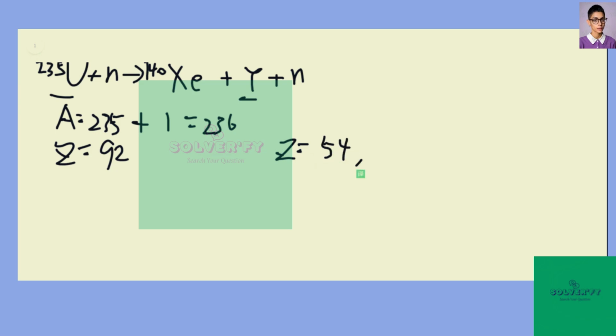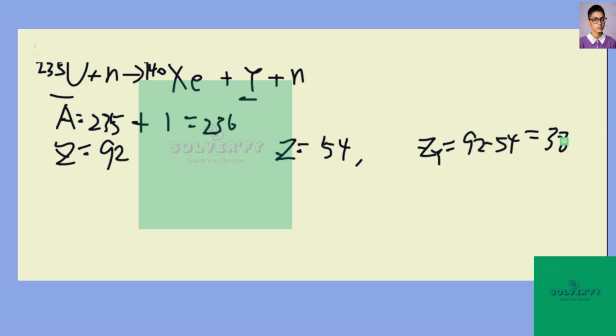So we can find out the number of protons contained in the Y element. This will be ZY equal to 92 minus 54, which equals 38.